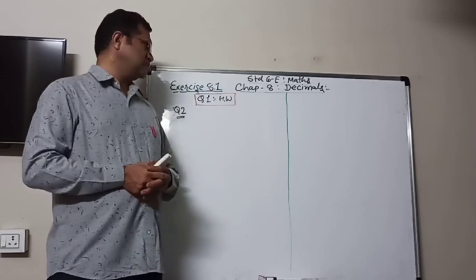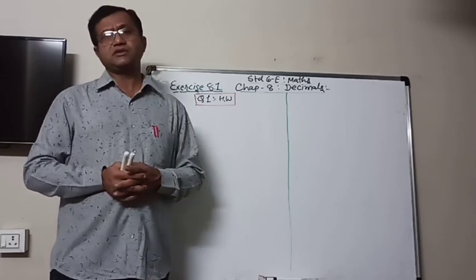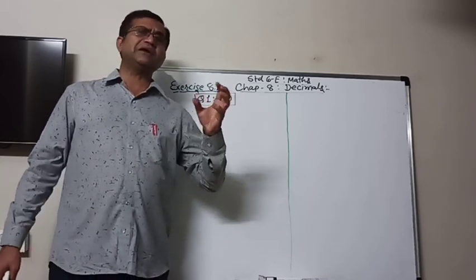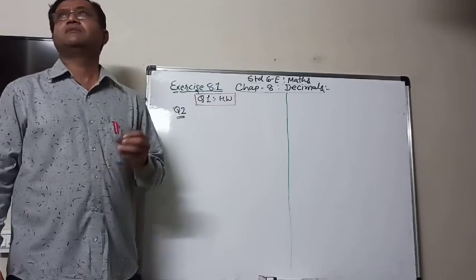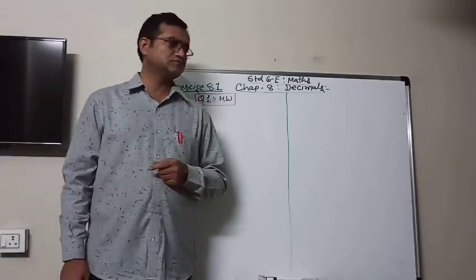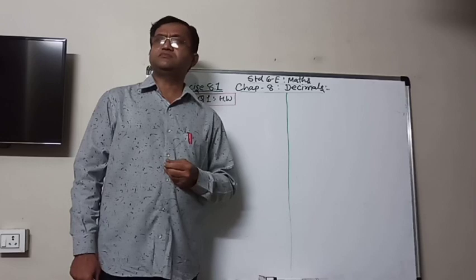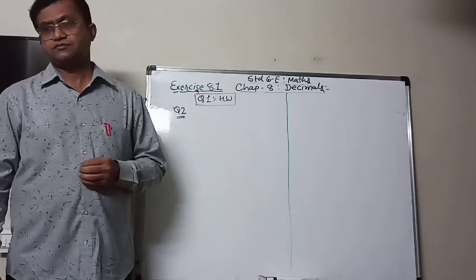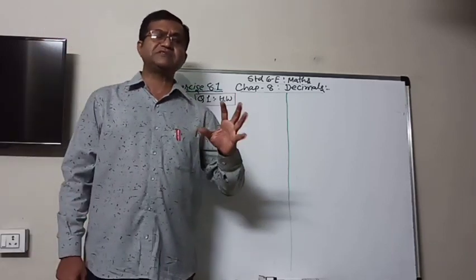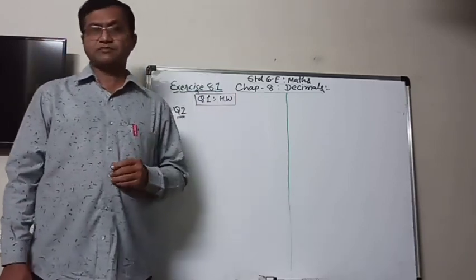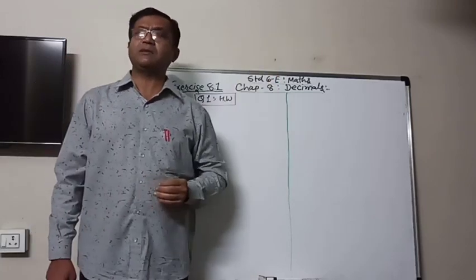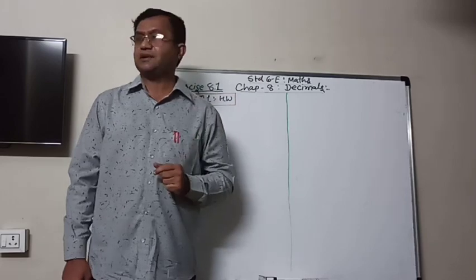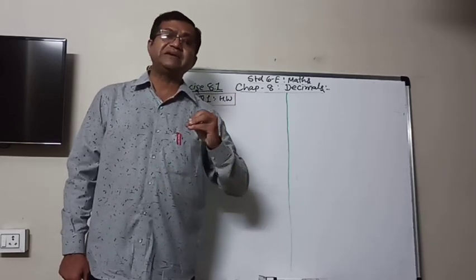Chapter number 8 was started, the decimals, in which we learned the basic facts about the decimal. The decimal means the number using the decimal point. We learned the place of the tenths, which comes after the decimal point, and its place value is 1 upon 10, means 1/10.